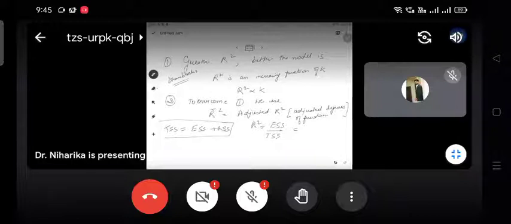It can be written as total sum of squares minus the residual sum of squares, divided by the total sum of squares. And when you take the LCM, this becomes 1 minus residual sum of squares divided by total sum of squares.